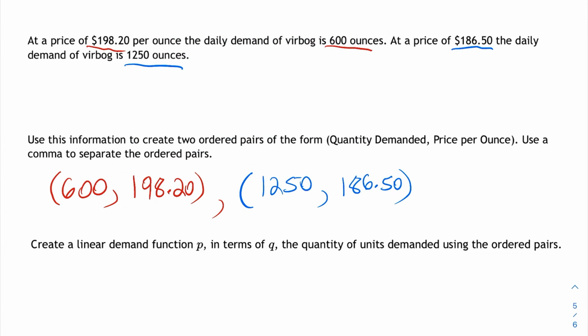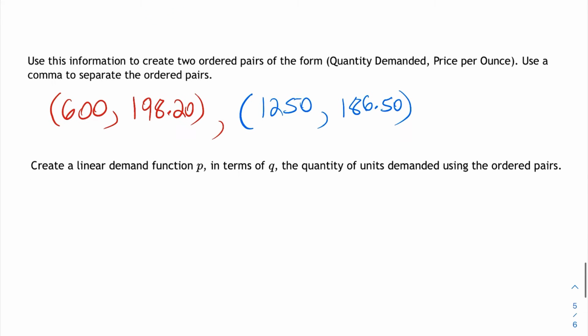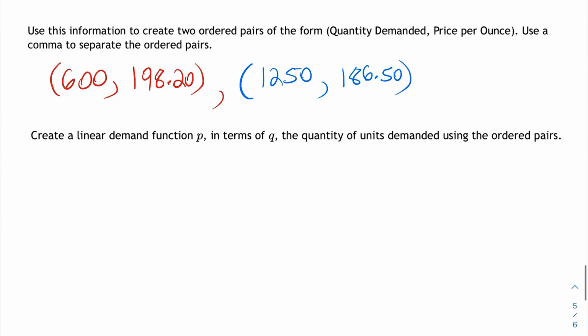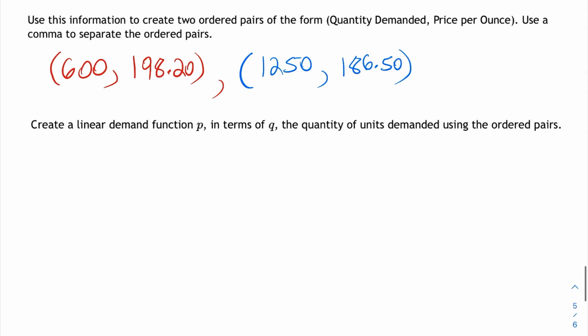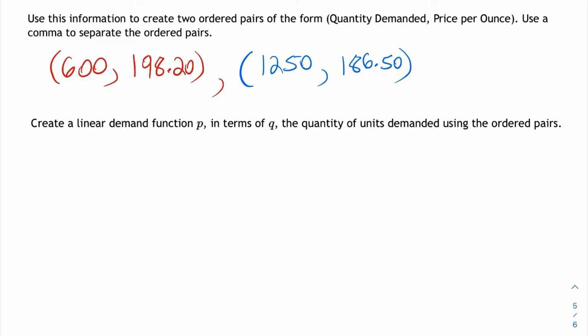All right, once we find the two ordered pairs, the next thing says to create a linear demand function, P in terms of Q, the quantity of units demanded, and then use the ordered pairs. So we're using the ordered pairs up here to come up with a linear demand function.